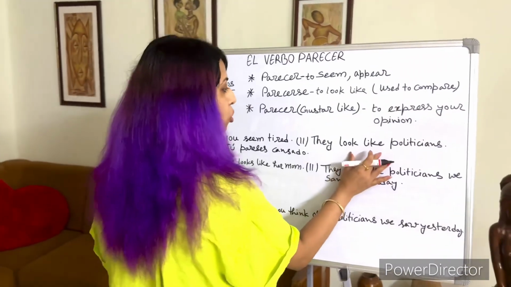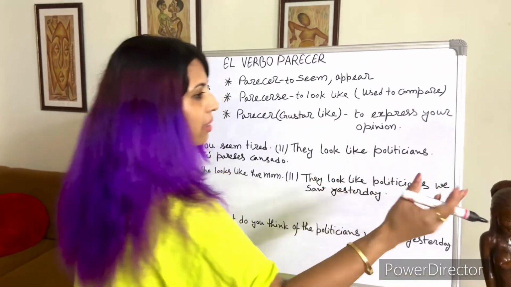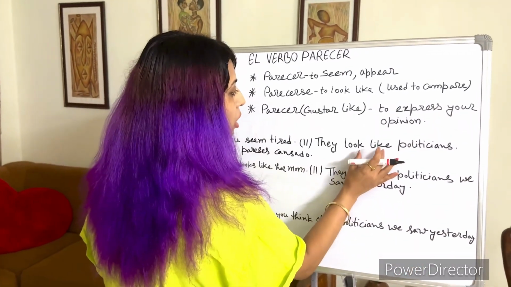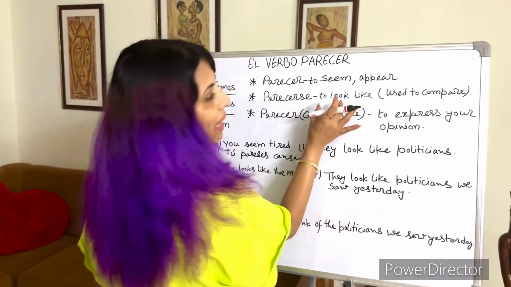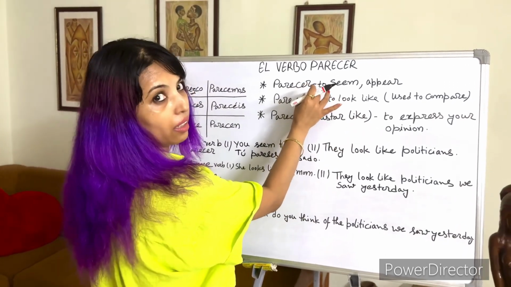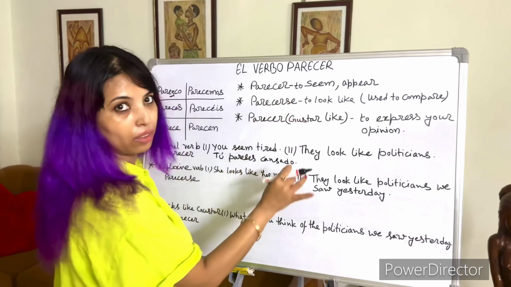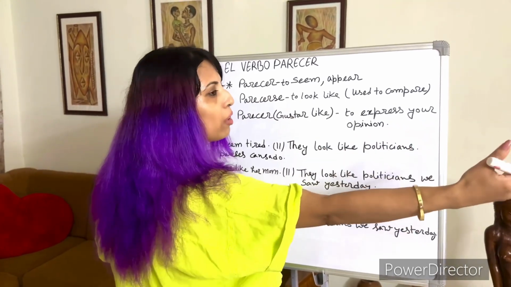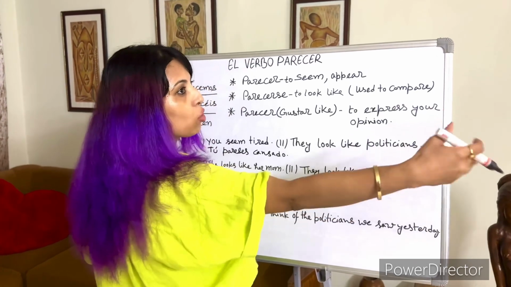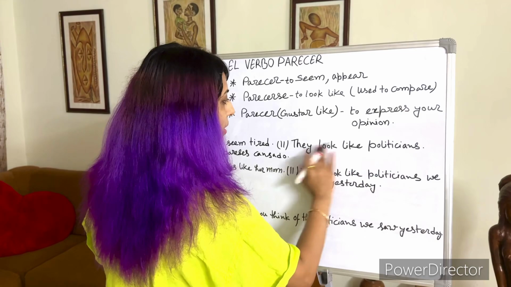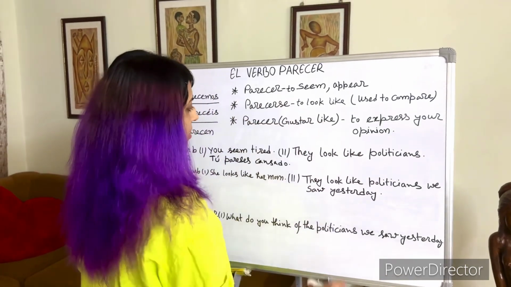So here, as I told you, you are just describing people. You are not comparing. When you compare, then you will use parecerse, not the normal structure, but the reflexive one. So here you are just describing, like they look like politicians, or he looks like a politician. So in this case, you are supposed to use the normal structure.